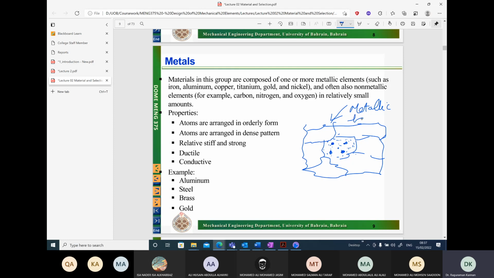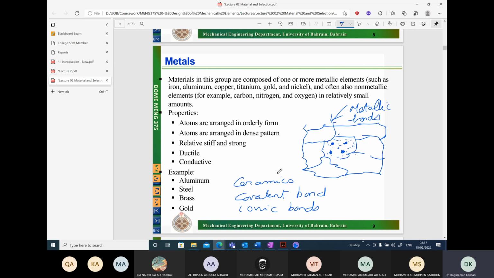In metallic bonds, your atoms are free to vibrate and electrons are free to move around. On the other hand, if you take ceramics, you have covalent bond, or ionic bond, or a combination of these two.